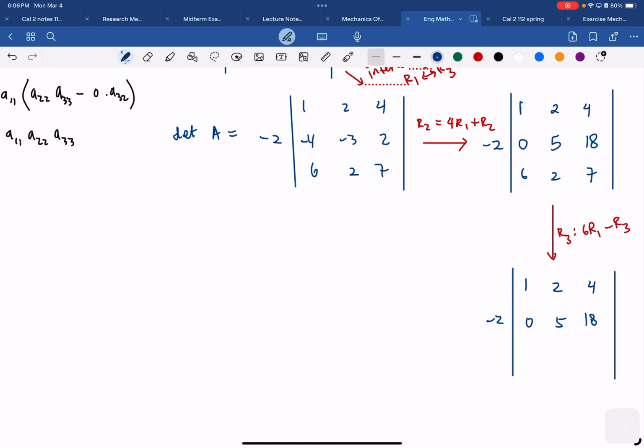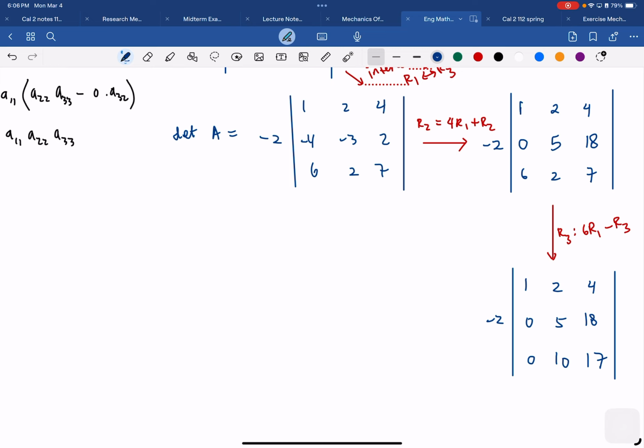So 6R1, 6 minus 6 is 0. 6 minus 6, 2, 12. 12 minus 2 is 10. 6 times 4 is 24 minus 7 is 17. Okay.